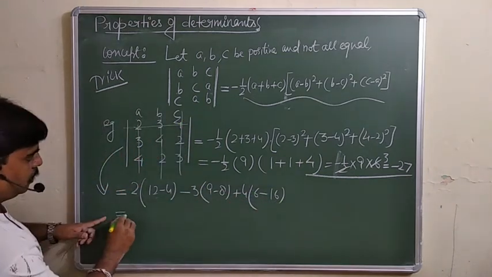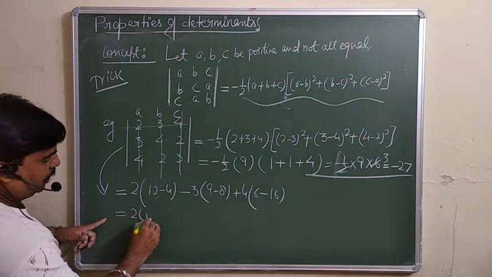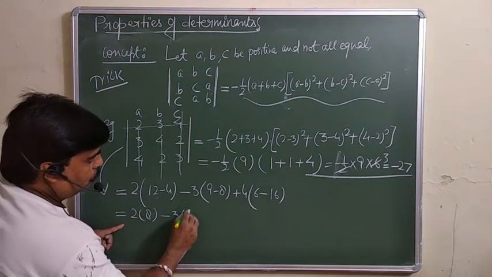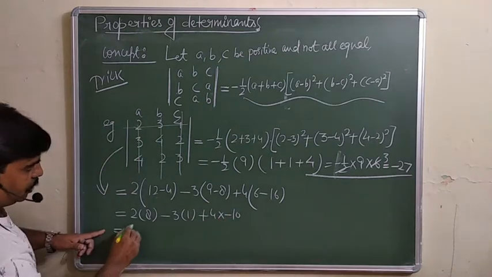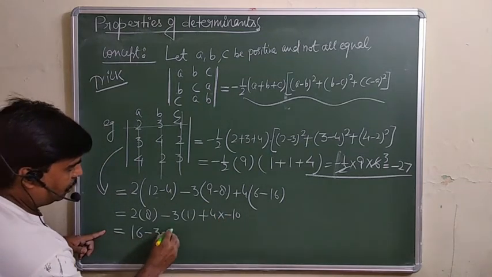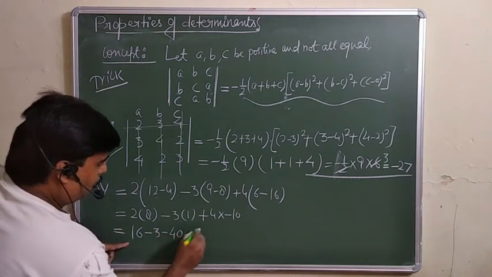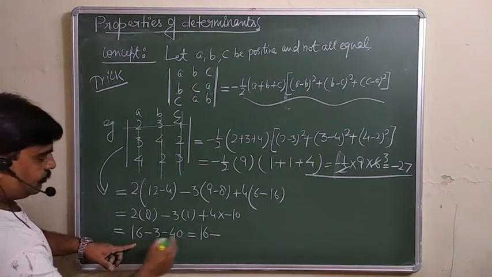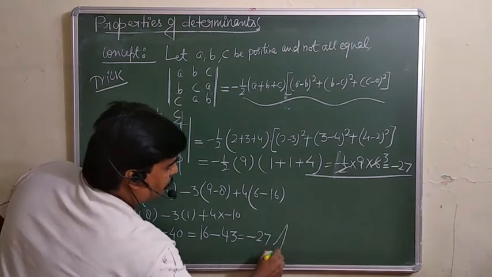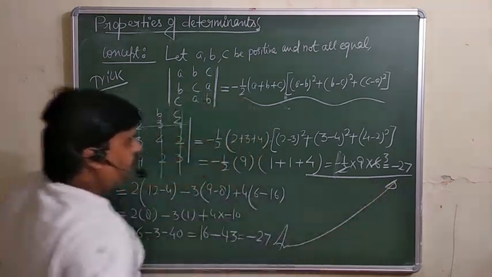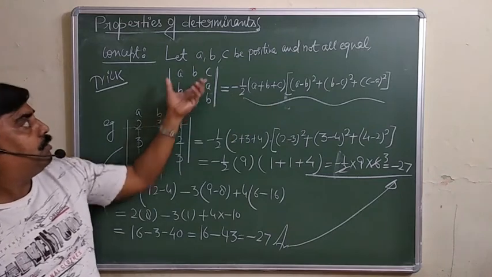You will solve this: 2 into 8, minus 3 into 1, plus 4 into minus 10. Here you will get 16 minus 3 minus 40. So this is 16 minus 43, which is minus 27, the answer. So by the trick you can find the determinant of this one.